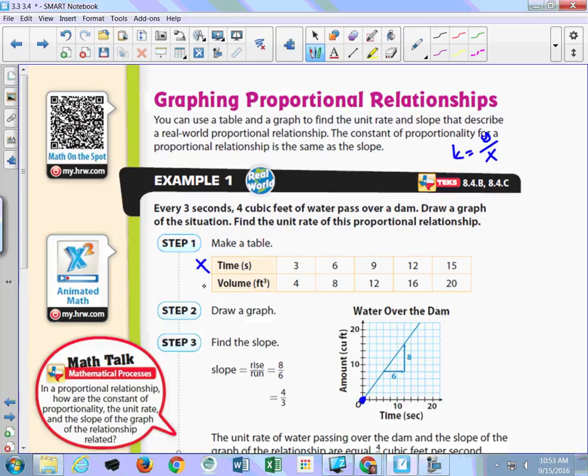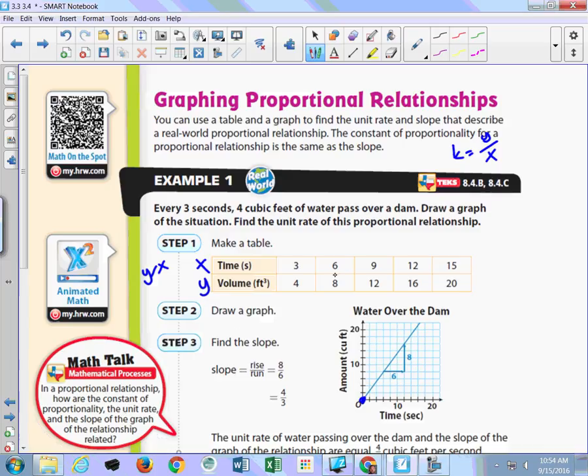Time is always going to be on top in your table. Now, when we do y over x to get our label, it will be feet per second. Y to x, feet per second.